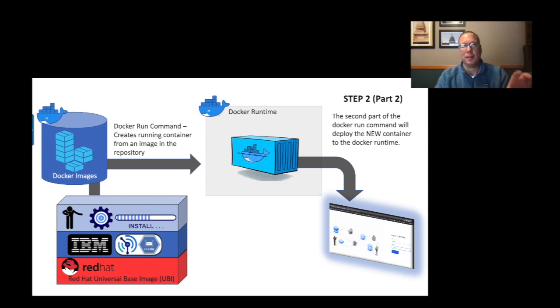We can create hundreds of containers from that image. It's like a blueprint that says, here's all the files to run it. You can run as many instances as you have resources for on your machine. So at that point, you have a Docker runtime container engine running, and you're able to log in and do whatever you want to do in MQ. So let's end this and actually do it.